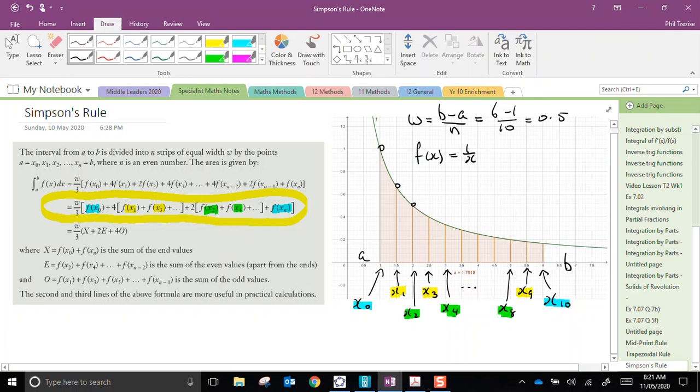So 3 points are enough to define a parabola, and if we had a parabola running along those 3 points, that would be a very close approximation to our curve, and then we calculate the area under both of those strips by integrating the formula for the parabola. Then we do the same thing for the next 3 points, a different parabola, and likewise with those ones, and then those two there, and then those two there. This is why Simpson's rule has to have an even number of partitions, because we work in groups of 2.